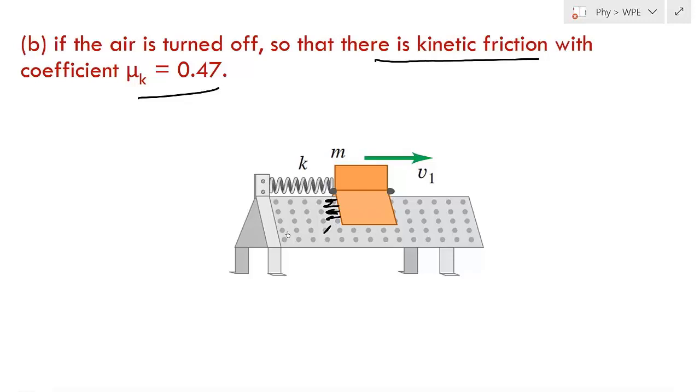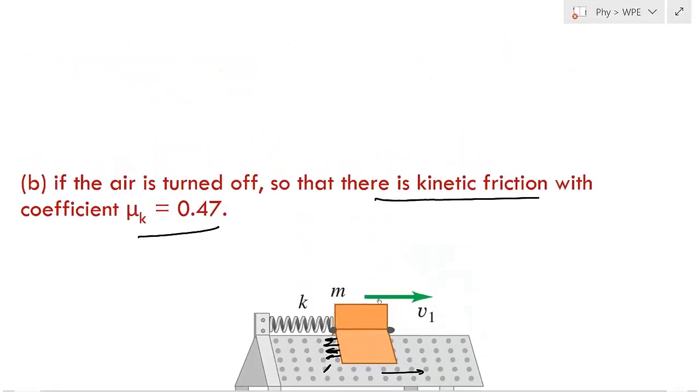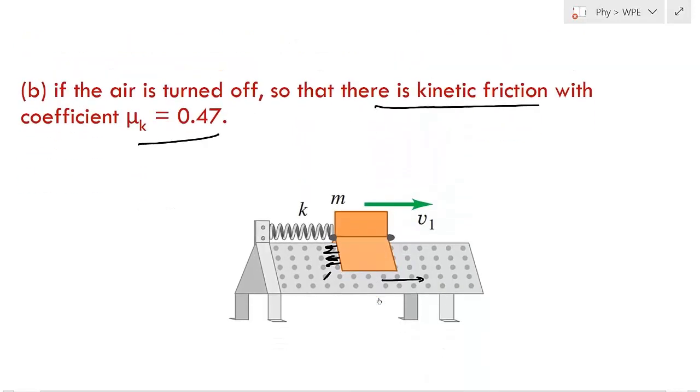So it will go in this direction, but it will come to rest before the previous situation. This means this time the distance will not be as much as in the previous case, that is, if there is no friction, because friction will do work and oppose the motion. So this distance will not be 10.6 centimeter, which we calculated in the previous case.